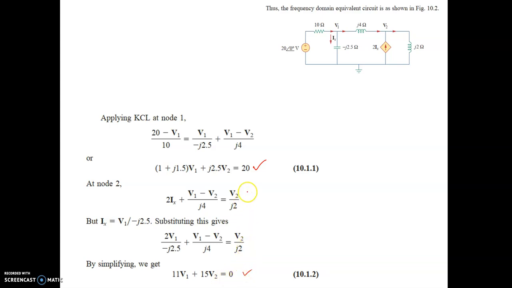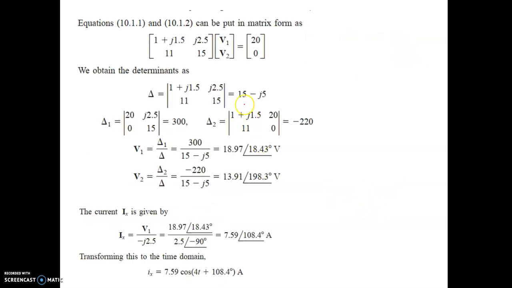Once you get these two equations, these should be modified into matrix format. So this is the matrix format for these two equations. Since it involves complex numbers, that is imaginary parts, we cannot directly solve V1 and V2 using a computer.